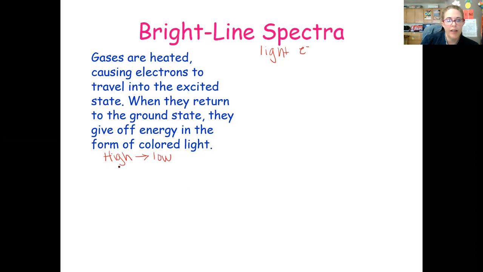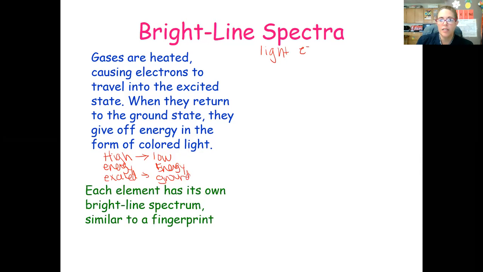So we go from high energy to low energy is how the light is produced. It's not when the electron goes up that the light is produced. It's when the electron goes back down, from the excited state to the ground state, that the light gets produced.